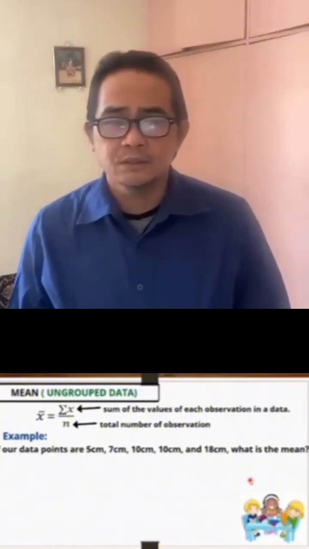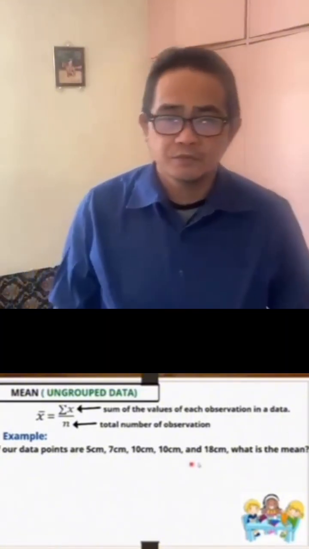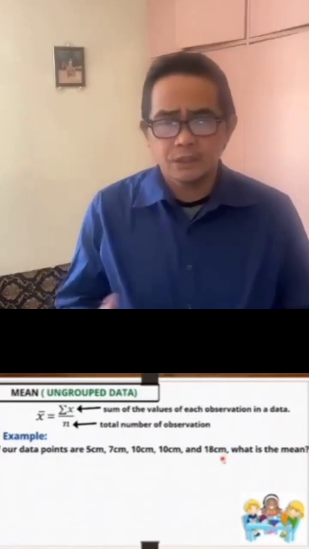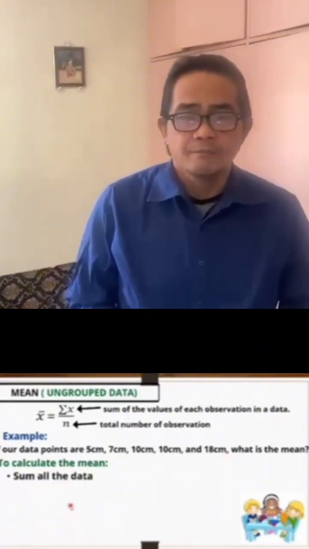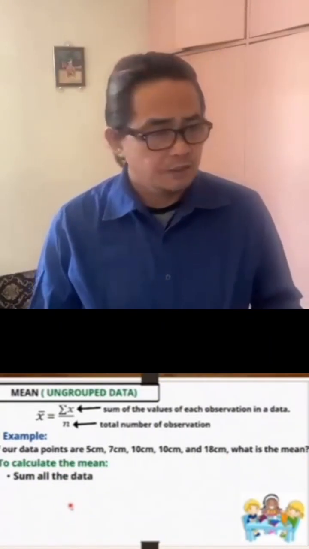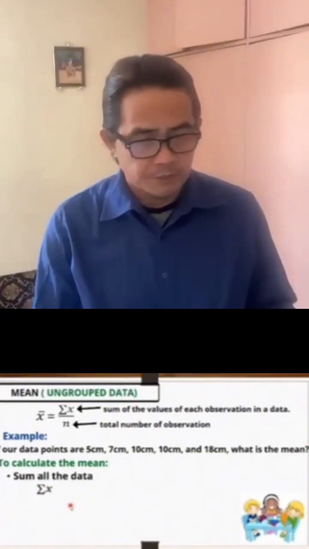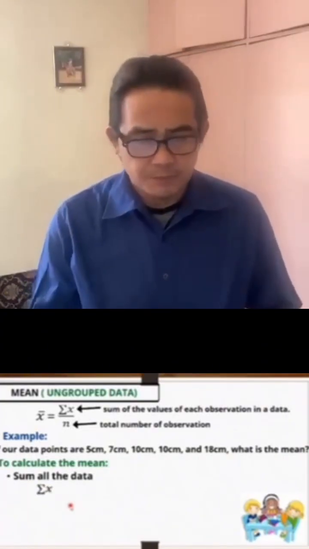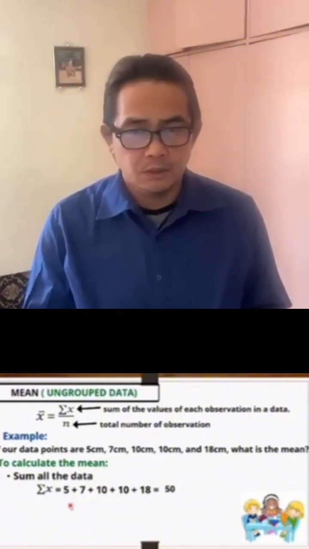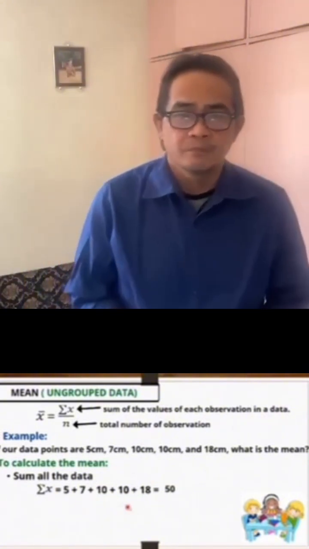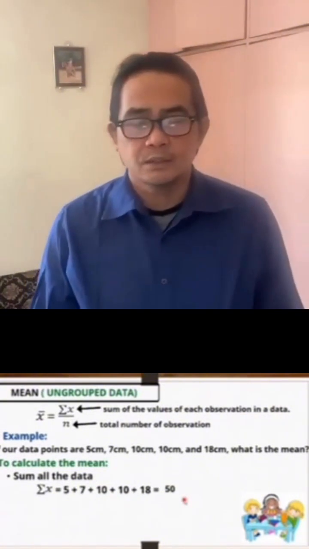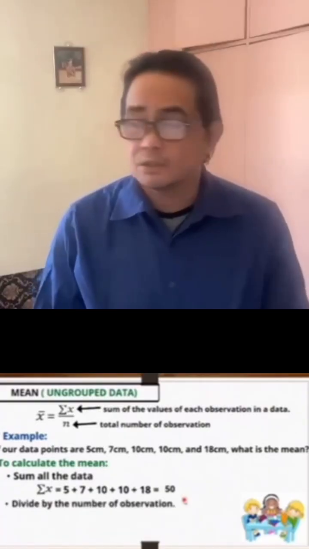Sum all the data, the summation of x. It's okay if you are not going to arrange them. In finding the average, it could be arranged or it could not be. So first, we are going to divide by the number of observations after getting the sum.